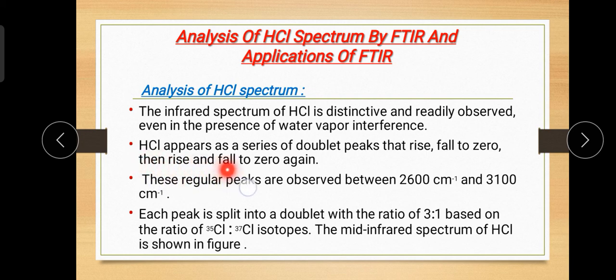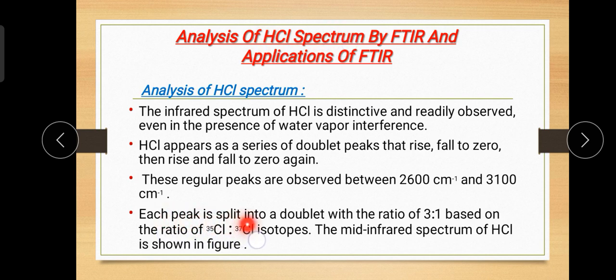In this way we have a doublet in the IR spectrum of HCl. These regular peaks are observed between 2600 cm^-1 and 3100 cm^-1. That is the wave number range in which we have the different peaks of the HCl spectrum.